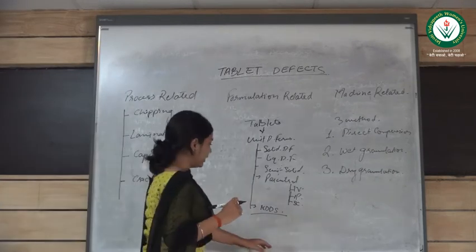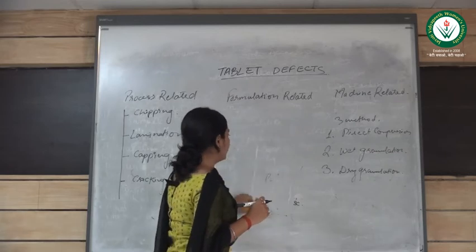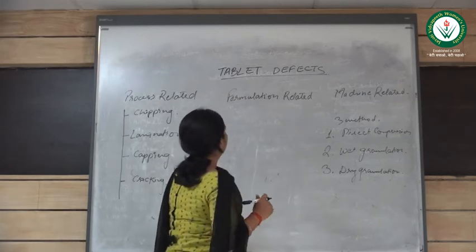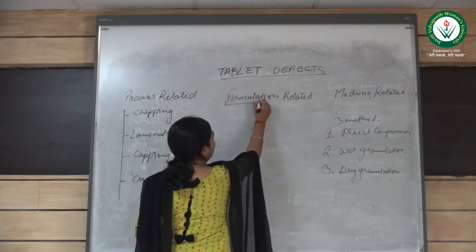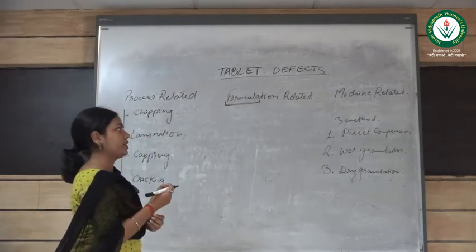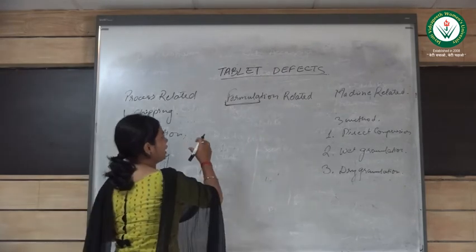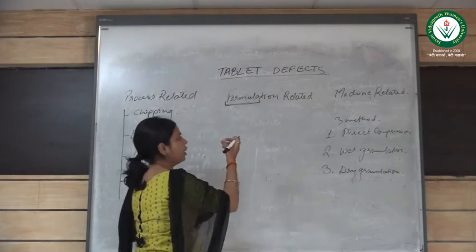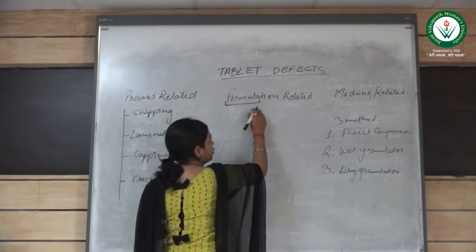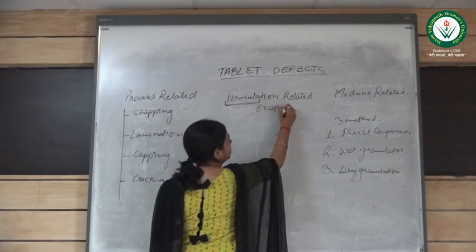Another category is formulation related. As the term suggests, we need to look at the formula of a particular tablet, whether we are formulating a dispensing tablet or a sustained or controlled release tablet. We need to change that formula or make a change in the choice of excipient.